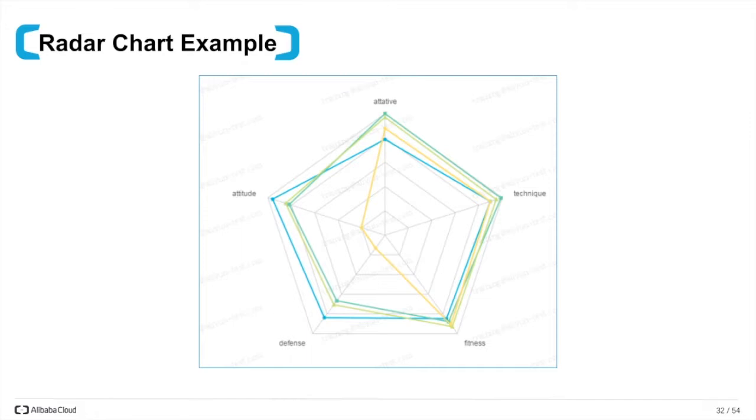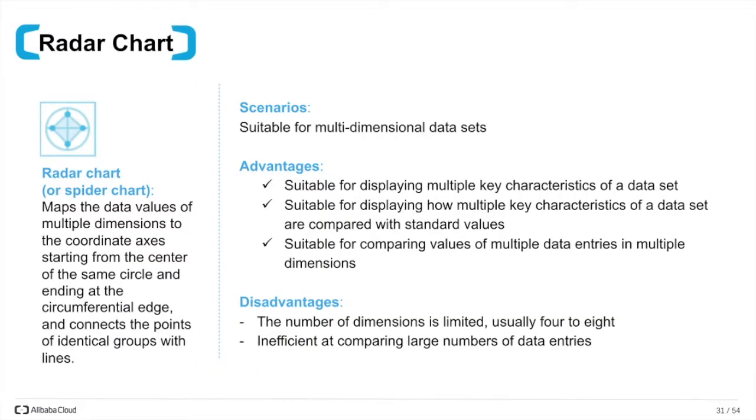You can define five measurements like attack, technique, defense, and use the radar chart to show which is their advantage and which is their disadvantage. It can clearly compare the different attributes of your key player. So it's a very useful chart, especially when you want to compare fixed and stable attributes of one of your key elements.